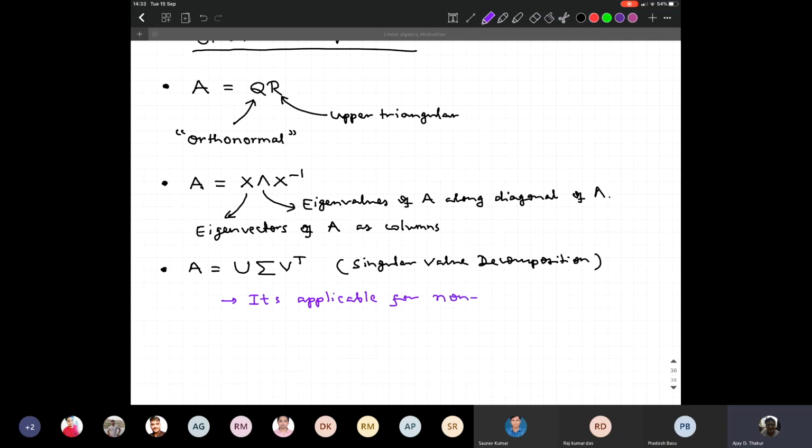It is applicable to square matrices as well as non-square matrices. That is very relevant, because all the time you are not going to come across square matrices only.